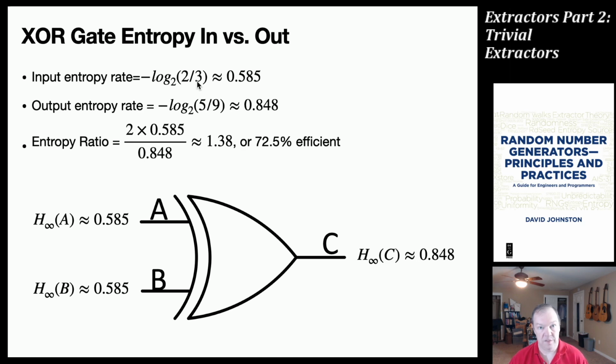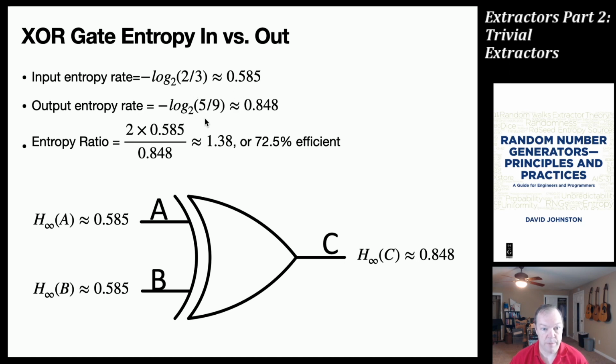So 2/3 is the maximum likely symbol for a 0, and so that's the one we plug in, because the definition of min entropy is negative log 2 of the most likely symbol, and we get a value of 0.585 bits of entropy into that pin, and into both pins.